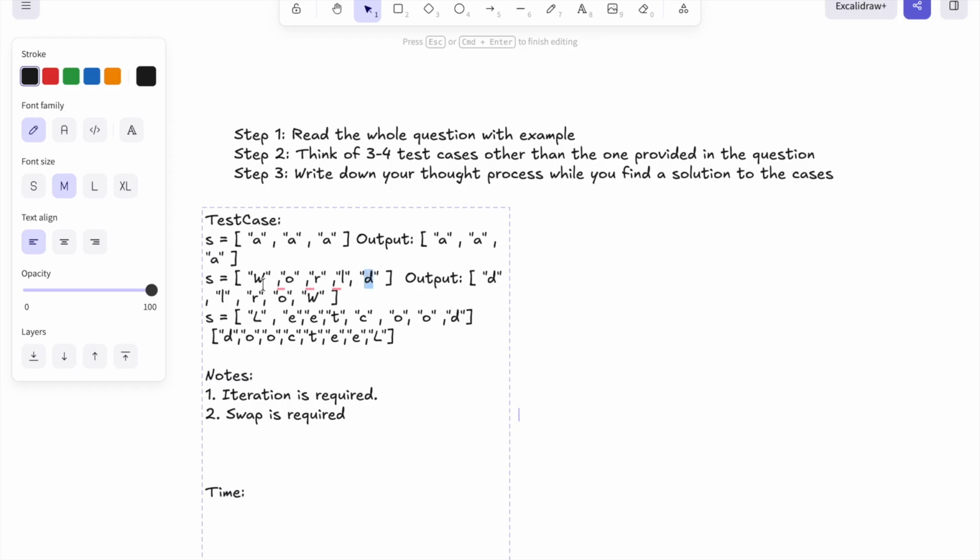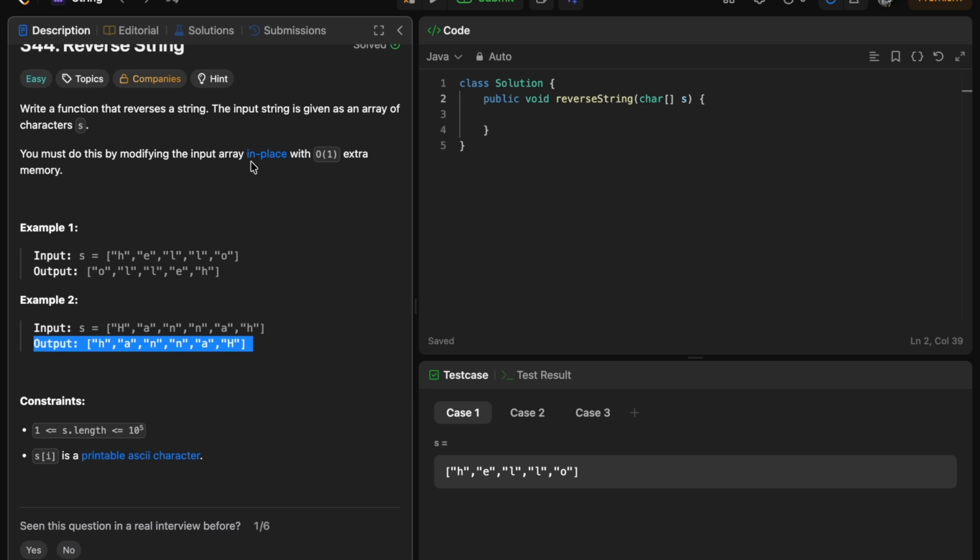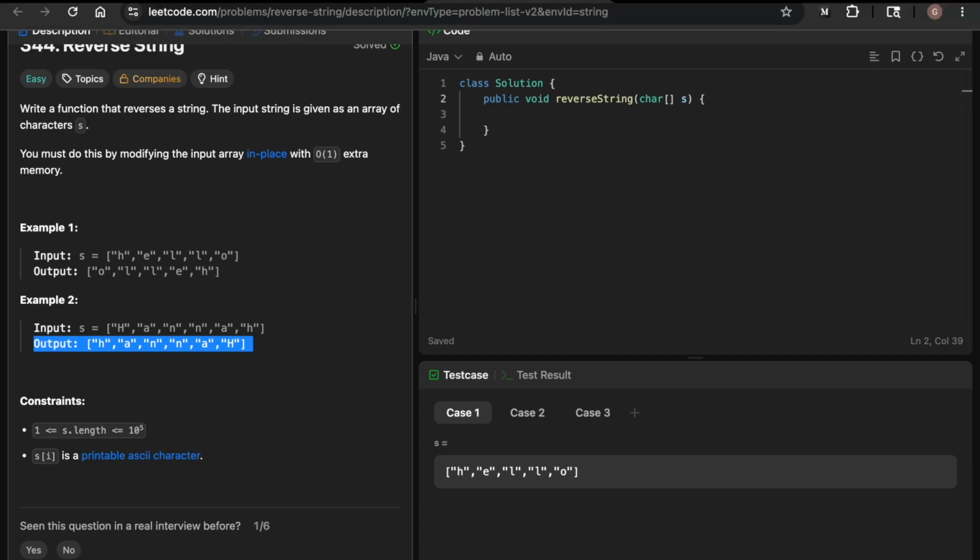So we know that swap is required from the problem statement itself. In place means we need to do some kind of swapping, because we can't have any other array where we can add values and then change the values back.